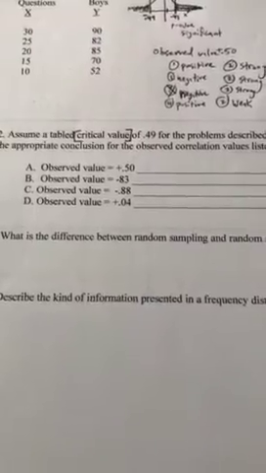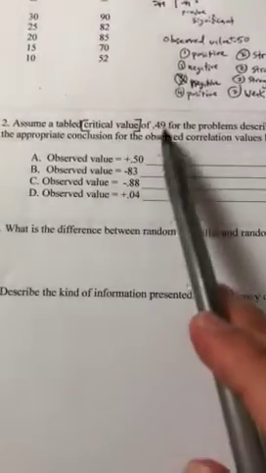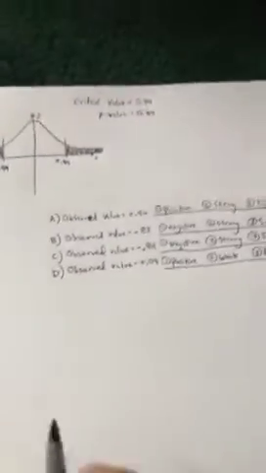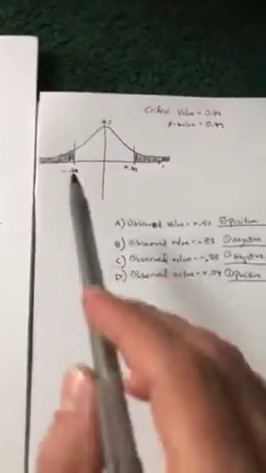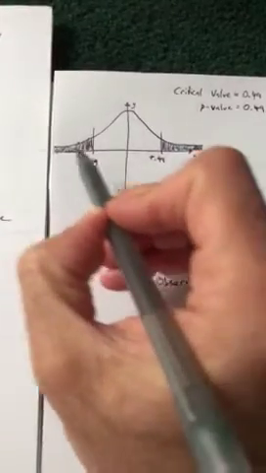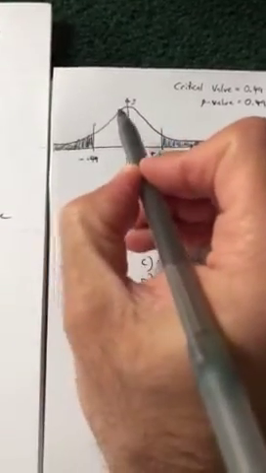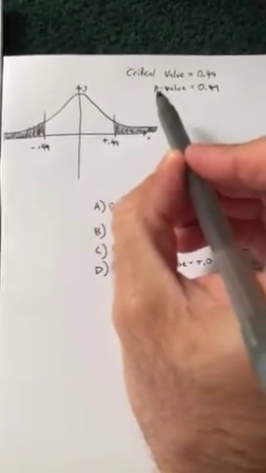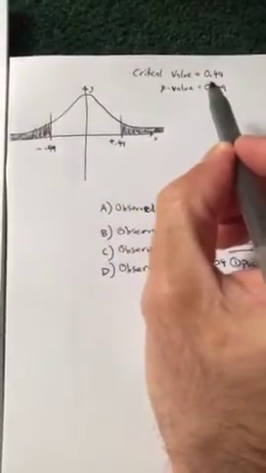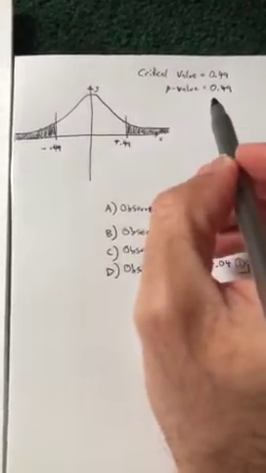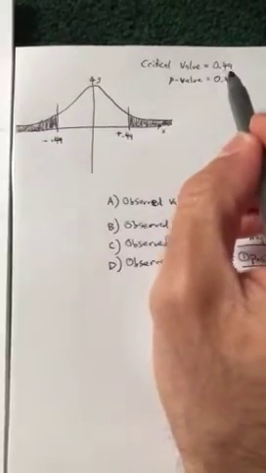So they give you that critical value of 0.49, and then they give you an observed value. What I would do to understand this is draw the x-axis and the y-axis, and then draw a parabola, just a line like this. They just gave you the critical value, or we could call it the p-value, as you'll learn in your online materials, PowerPoints, 0.49.